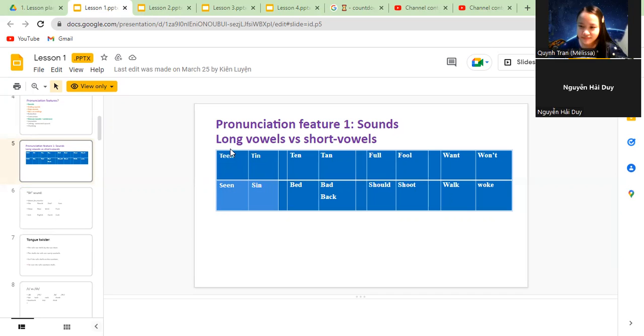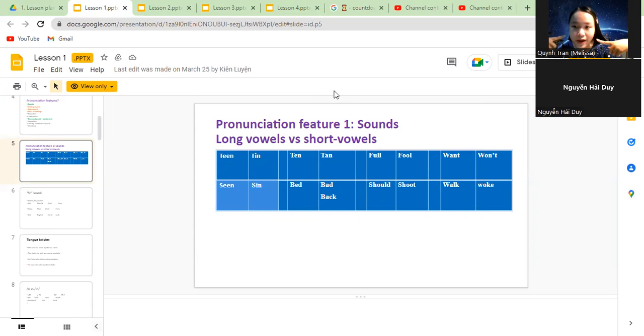Okay, so let's talk about it. I read it in the book which I learned at school. Okay. Actually, when it comes to long vowel sound, it means that you have to stretch your mouth, like the word "ee".